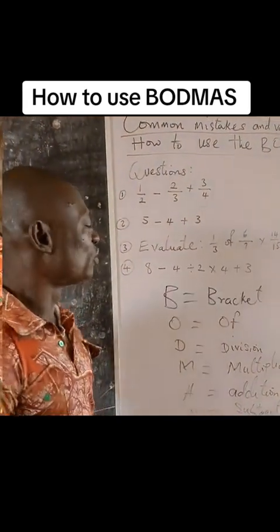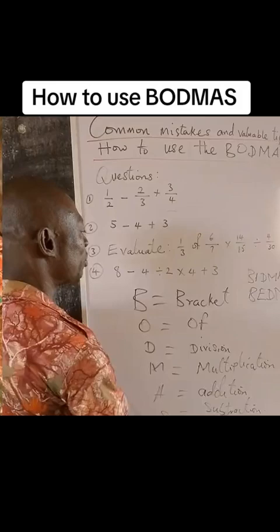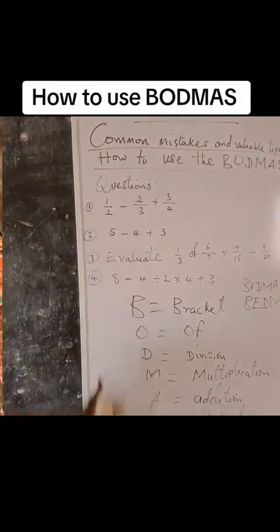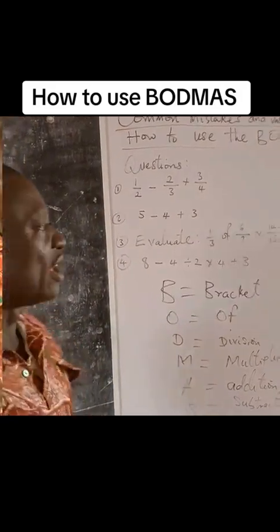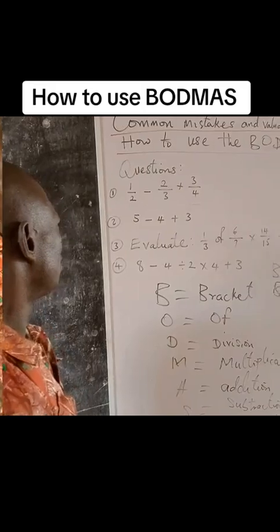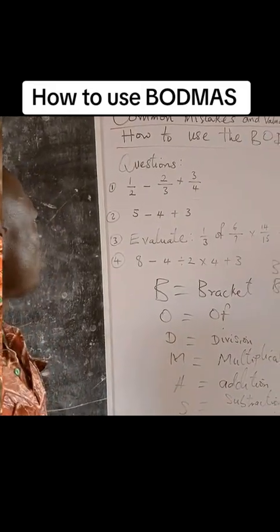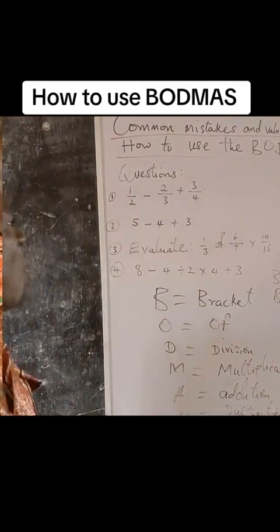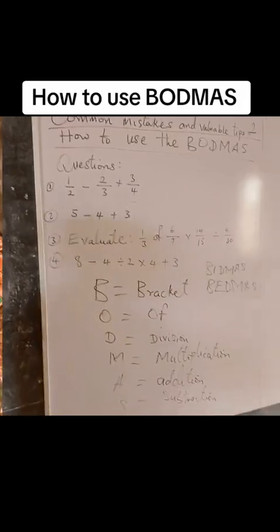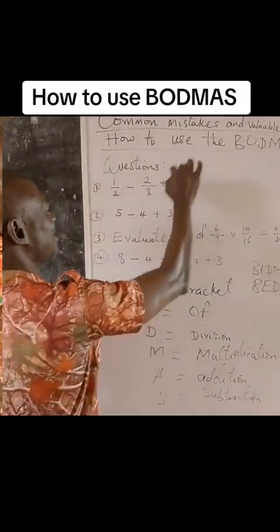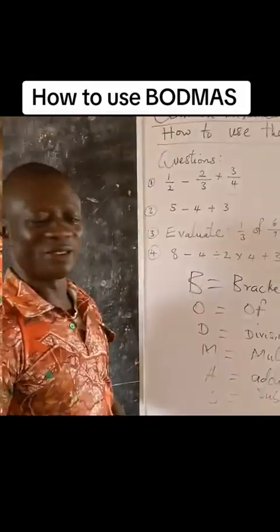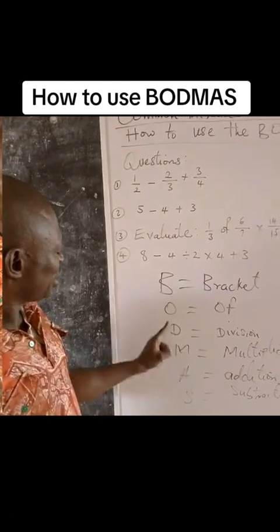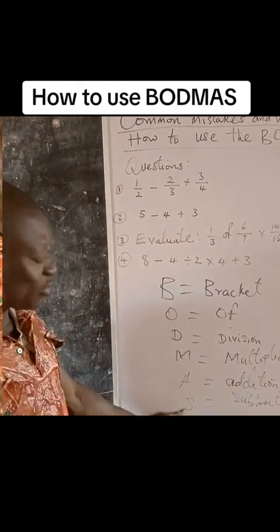Alright, we are going to learn more on how to use this BODMAS using the questions you've already seen on the board here. Let us take number one. The common mistake people make in a question like this is that they will come instantly and bracket this. They are trying to tell us that they are bracketing because addition comes before subtraction.